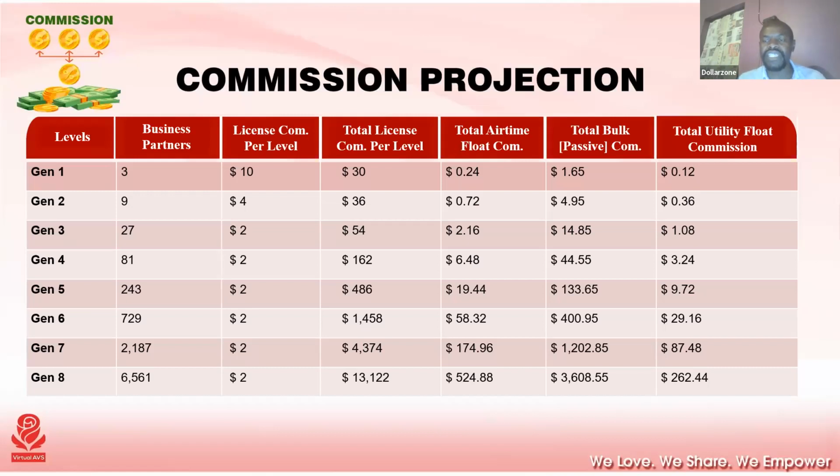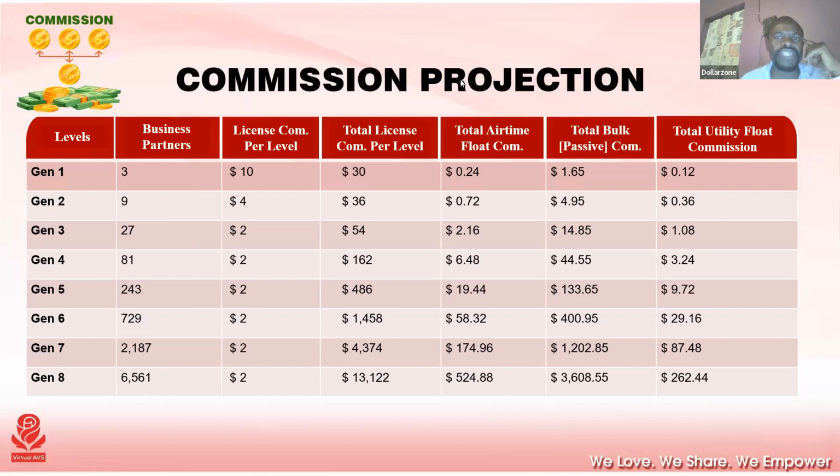Utility float, 0.12. Remember, it's 0.04 by 3, you have earned $0.12. So that is money that is coming in just from 3 people. You spent your $144. Already you have almost $32 back just by level 1.